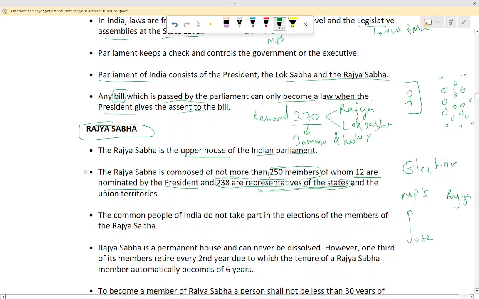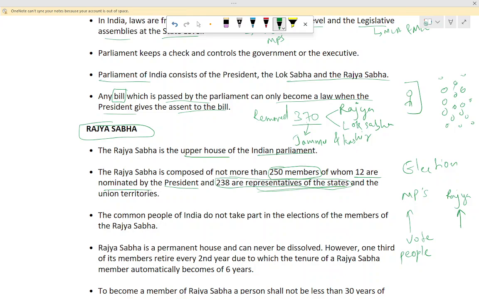Understand? So see here, Rajya Sabha members are there, right? Here, for MPs, people will vote. We vote in the PM election, the Prime Minister election, right? That is, we elect the MPs and the MPs select the Prime Minister.